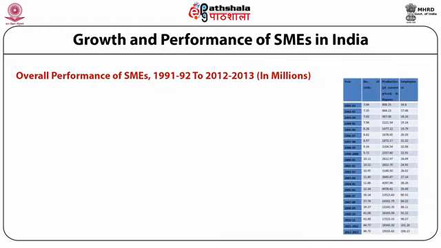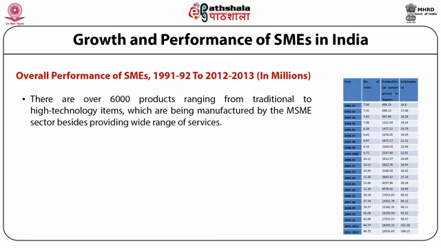Growth and performance of these SMEs in India. There are over 6,000 products ranging from traditional to high technology items which are being manufactured by MSME sector. Besides providing the wide range of services too. The 4th All India Census of MSME 2006-2007 estimated the size of MSME sector for the first time, taking the data from the multiple sources.